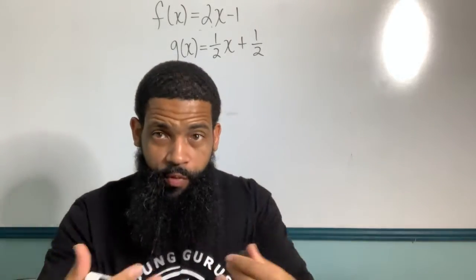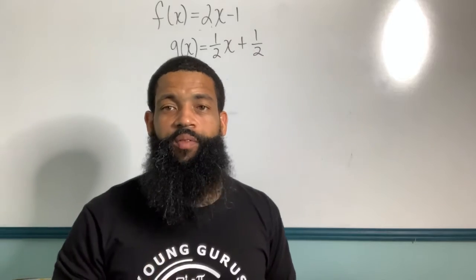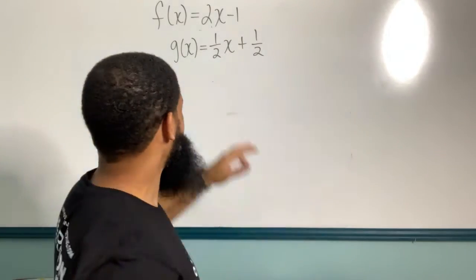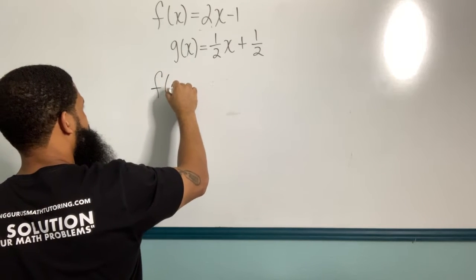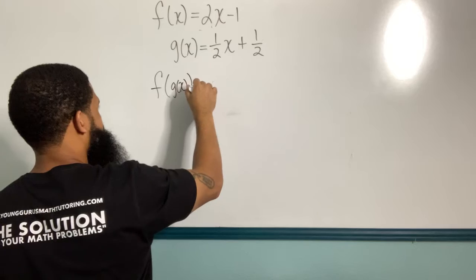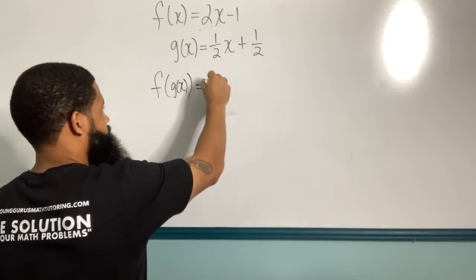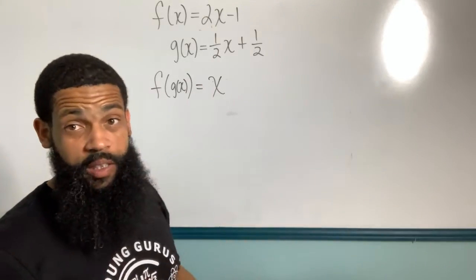We're trying to prove it, so I want to write this as g of x instead of f inverse of x. So if these are inverses, I can find f of g of x, and it should equal x if these are inverses.